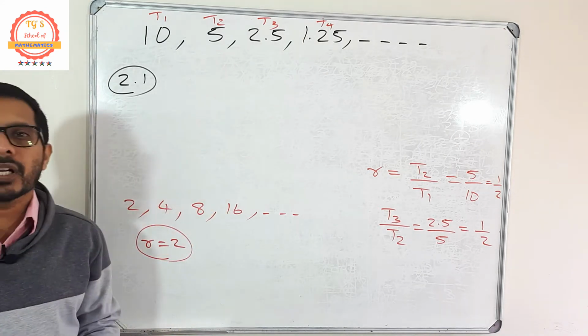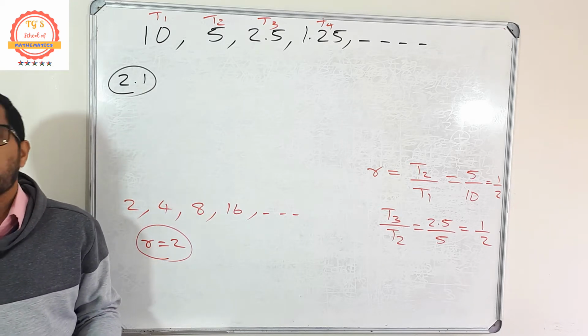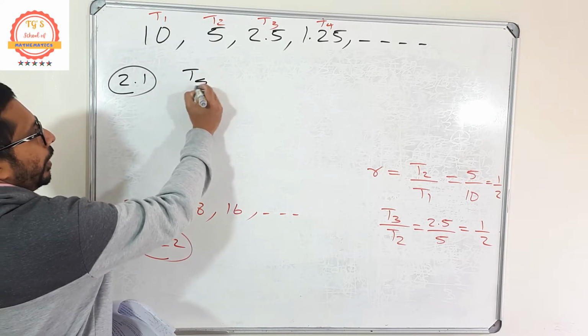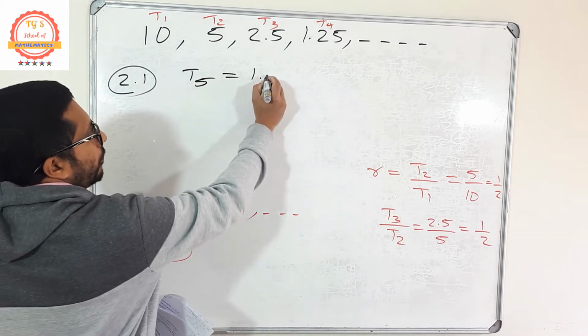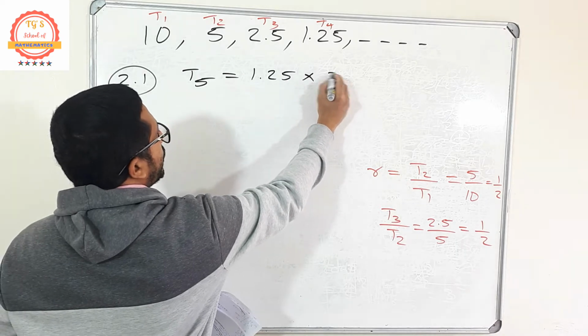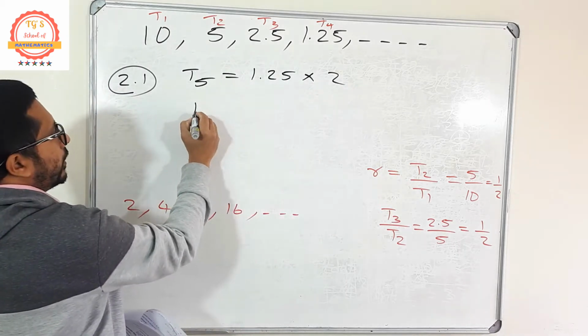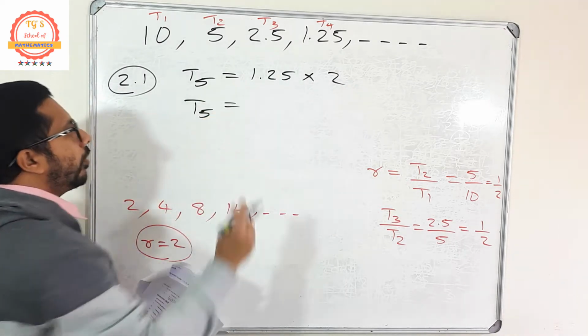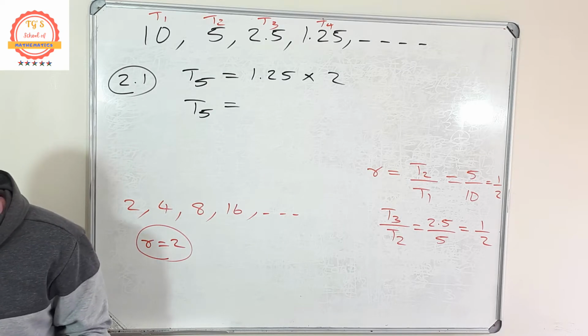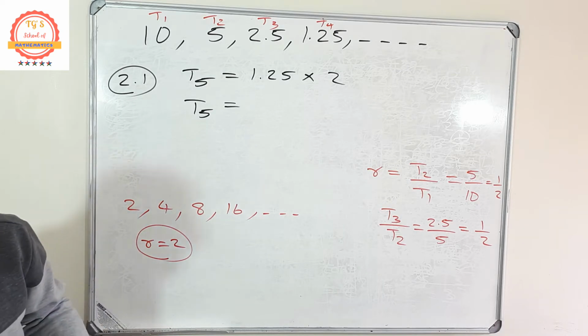So look at our example. In our question, what is the common ratio? It is 1 over 2. So how can you find the fifth term? T5, the fifth term, is the fourth term, that is 1.25, times 2. Check in your calculator. 1.25 times 2. That is, not 2, I'm sorry. 1.25 times, what is the common ratio?